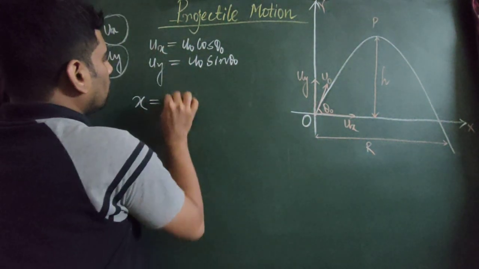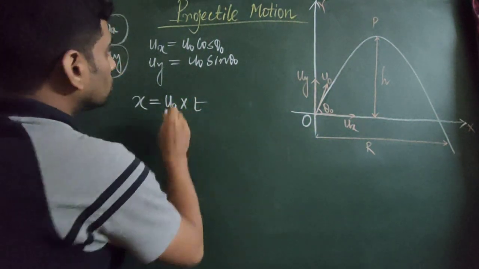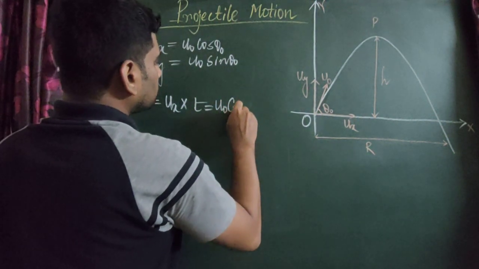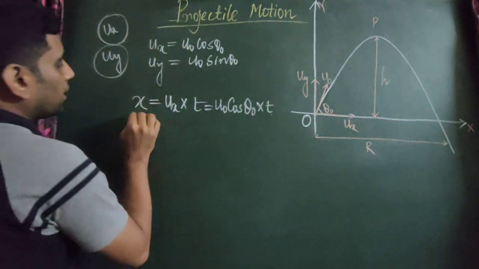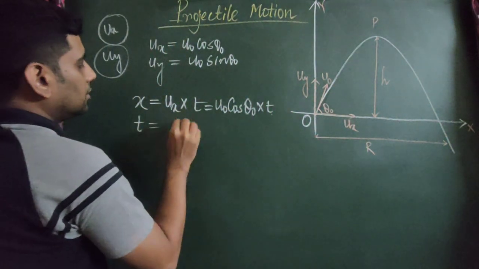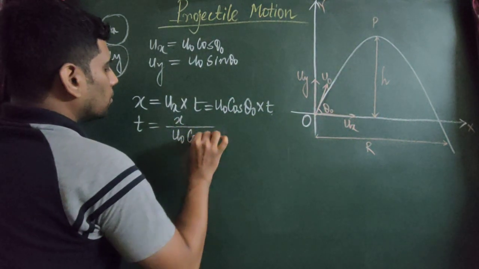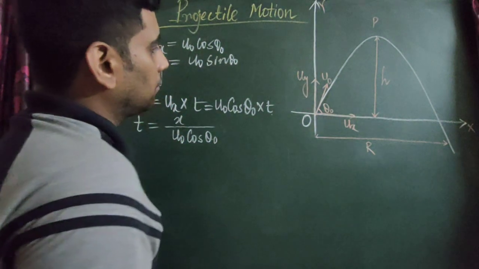The horizontal velocity ux into time, velocity into time. So ux means u0 cos theta 0 into t. From this you get the value of t as x by u0 cos theta 0. This is the expression of time.